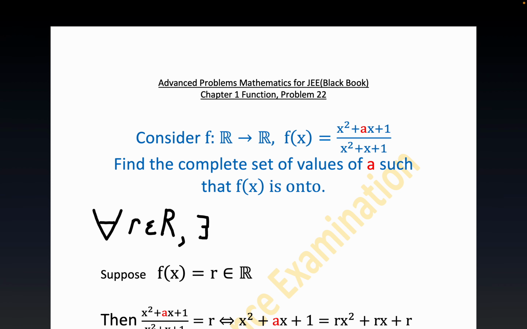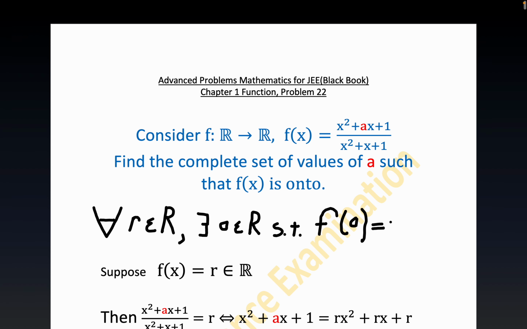There exists an A, which is also a member of R. Okay, and let me abbreviate "such that" with S.T. And we're going to write down f at A equals R. And this literally is the definition of what we mean by an onto function. That's my poor representation of an A. So f at A equals R.